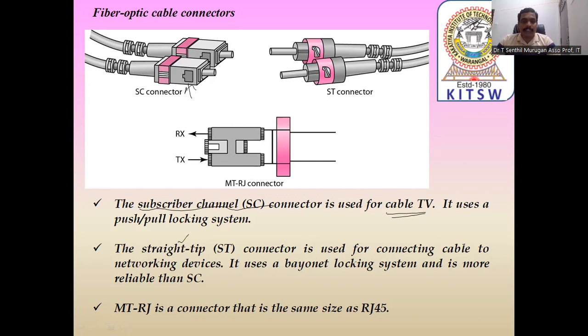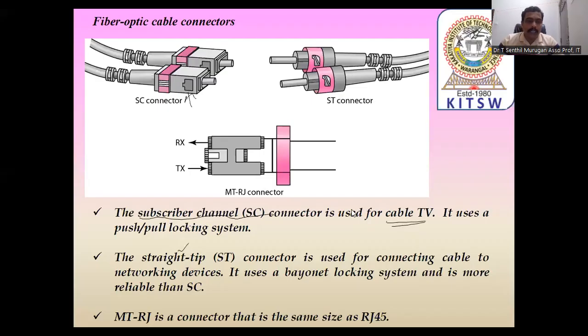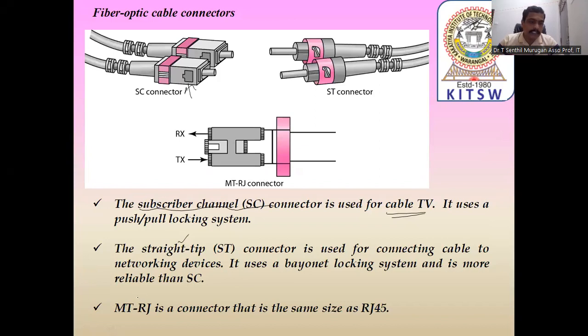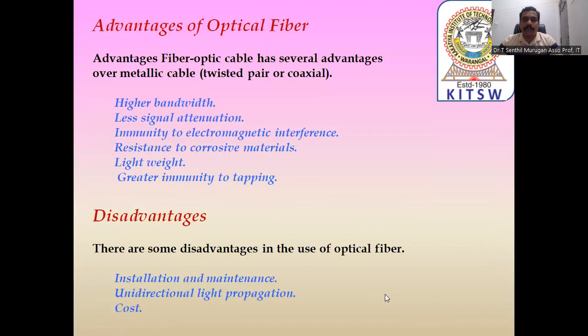It is used for connecting the cable to networking devices. If you want to connect to a TV, we can use the SC connector; if any devices, we can use the ST connector. Next is the MT-RJ connector. We already know RJ45; it is similar. MT-RJ means mechanical transfer registered jack connector, and it is used for the same purpose as RJ45.